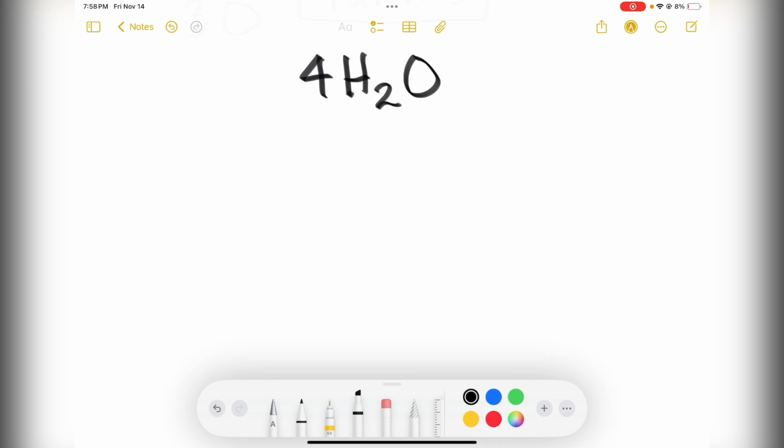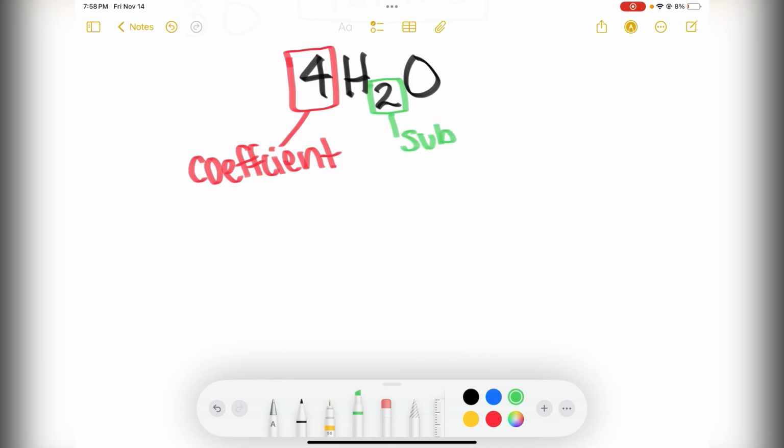So what is this big number at the front? Okay, that is a coefficient. What is this little number down here? Ah, that's right. That is the subscript. Perfect.